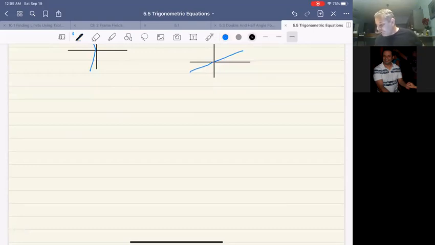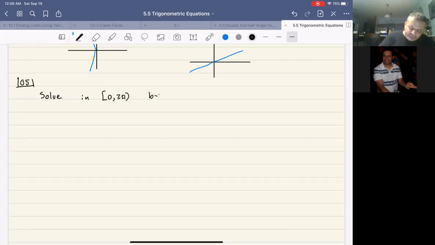We're going to solve by squaring both sides. So solve, this is number 105. Solve in 0 to 2 pi by squaring both sides.